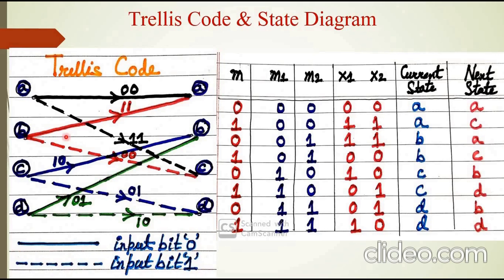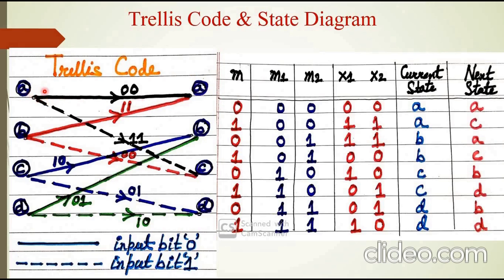Now, if current state is A and if you give input which is 0, then next state will be A. So if input is 0, you will have to represent that by solid line.